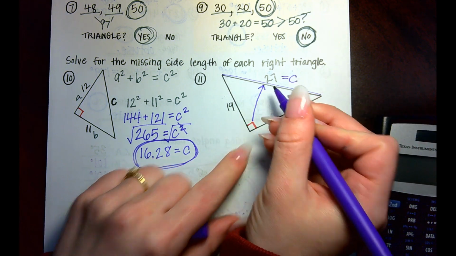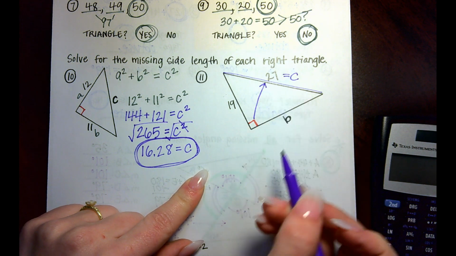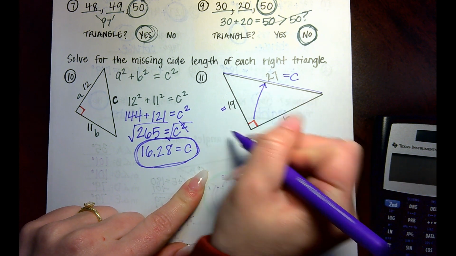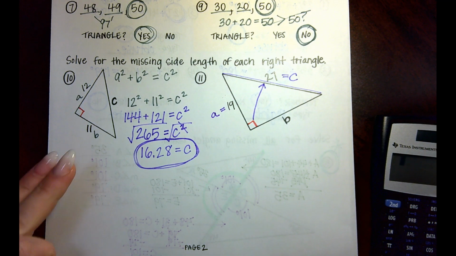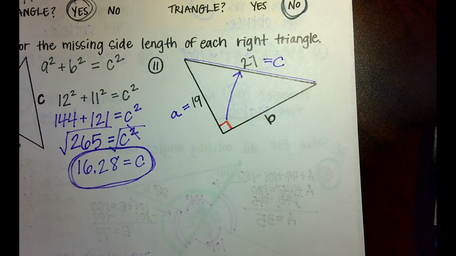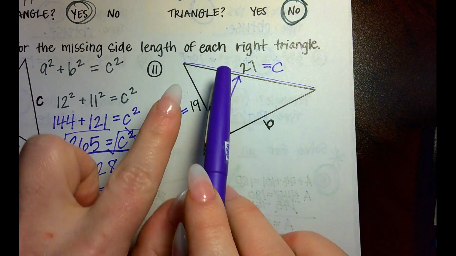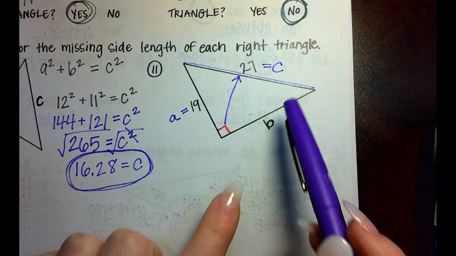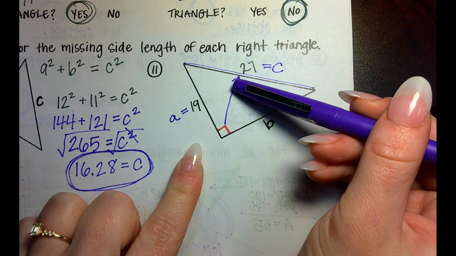So if you flip-flop these, it will change your answer. 27 has to be C, so 19 has to be A. It has to because it's bigger. Yes, so our C is always the longest side, and it's always the side right across from the 90-degree angle.